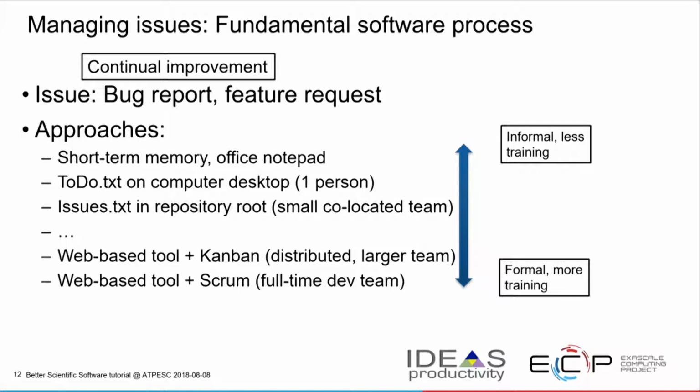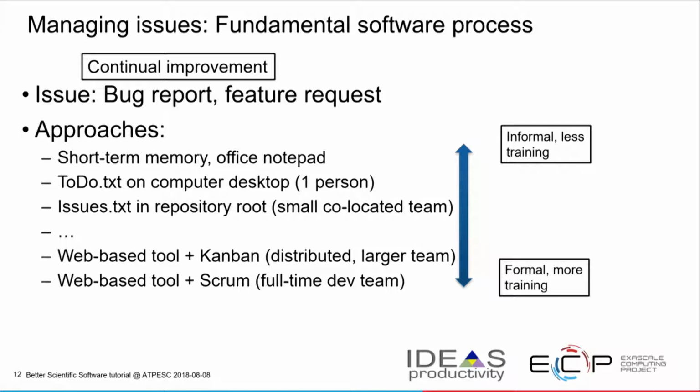Basically, the idea is, once again, to collect information about what's going on in your software development in this case, and make it available for everybody on the team to see and make use of, right? So how could you do this? Well, a lot of people are just keeping these things in their short-term memory or on a notepad in their office. That doesn't get it out there for everybody on the team to see, right? You have to remember, you have to talk about it at the next team meeting and things like that, right?